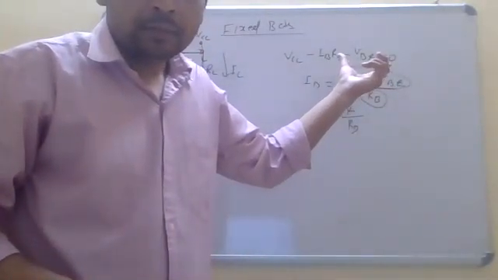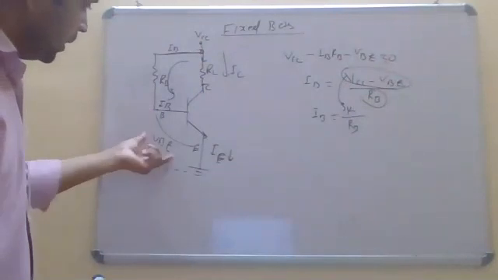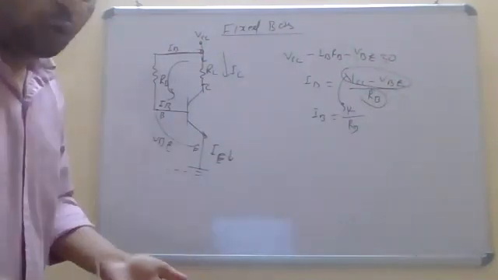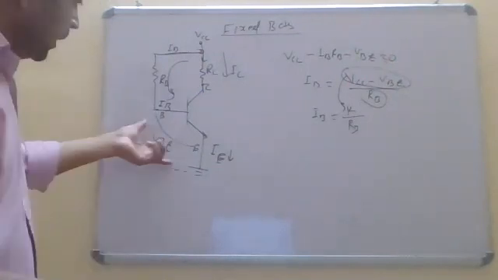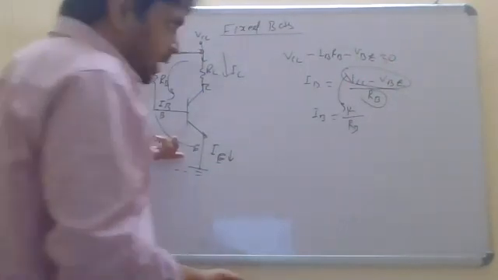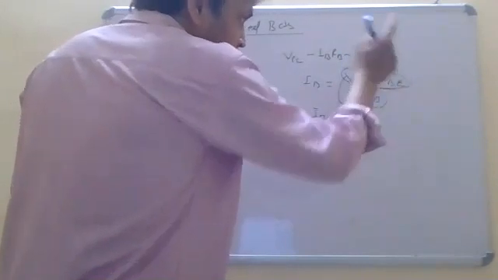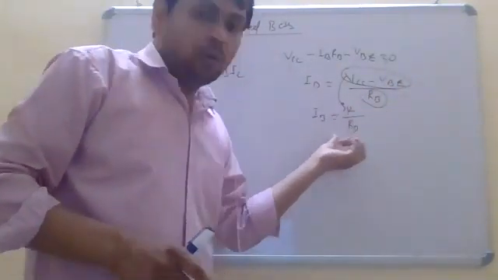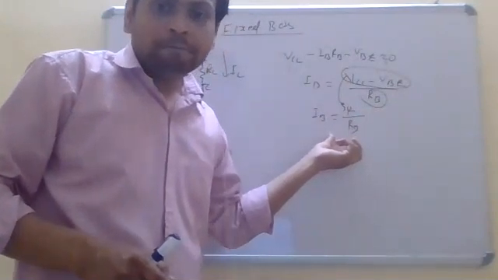Actually it will change from this point. If VBE changes, definitely this point is also going to change, no doubt. But we are making this a fixed value, so everything depends on the RB value here.